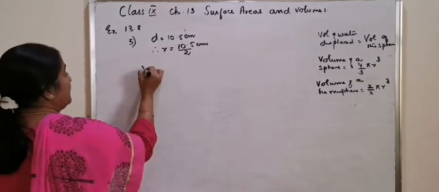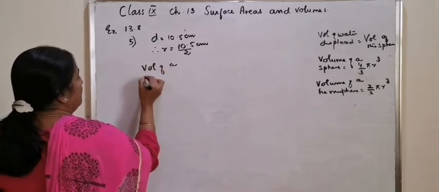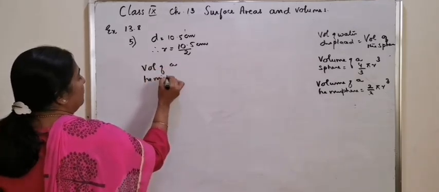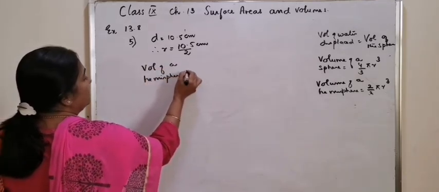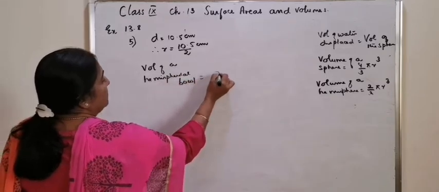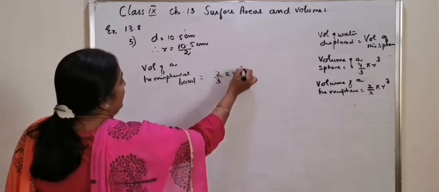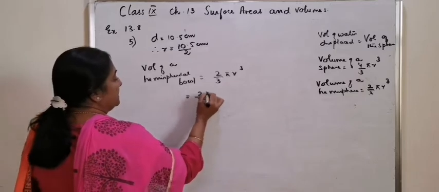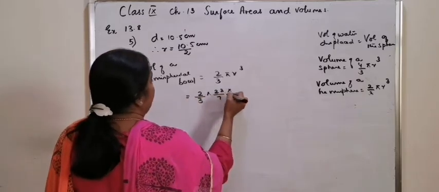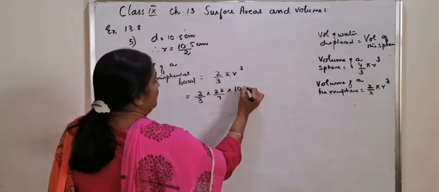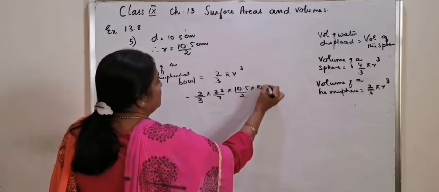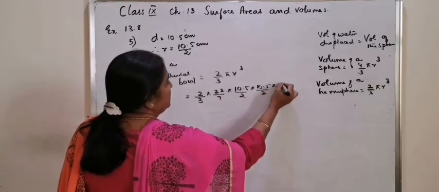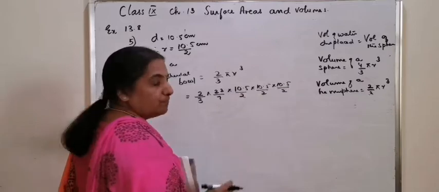The volume of a hemisphere, volume of the hemispherical bowl is equal to 2 by 3 pi r cubed, 2 by 3 into 22 by 7 into 10.5 by 2 into 10.5 by 2 into 10.5 by 2.